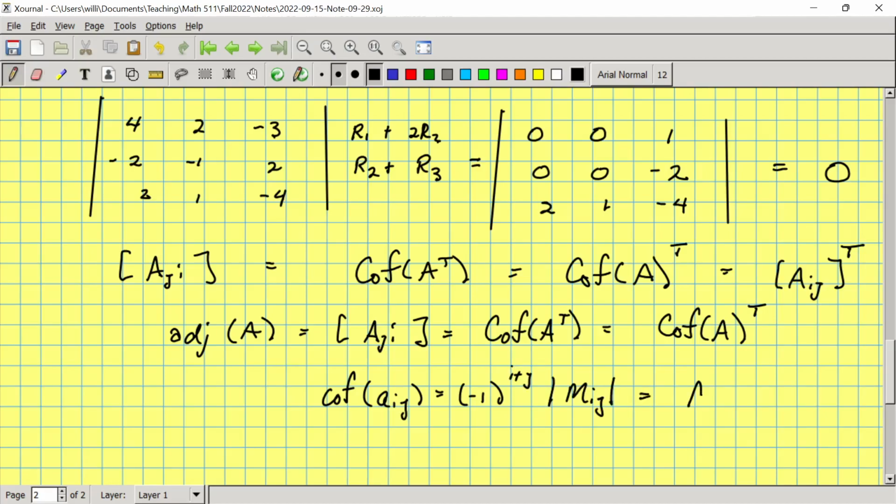And we called this capital Aij for matrix A.